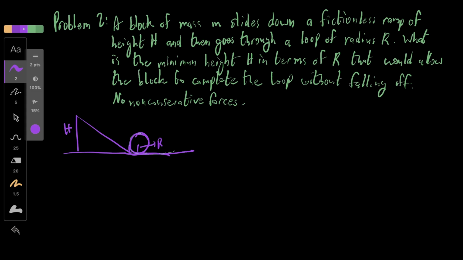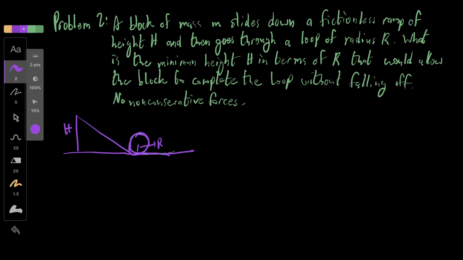So, what we realize is when we're in the loop, it needs to pass through the top of the loop, where the force pulling downwards and away is the strongest, as gravity is the only other force. Now, in order to balance that force, we need a minimum speed.